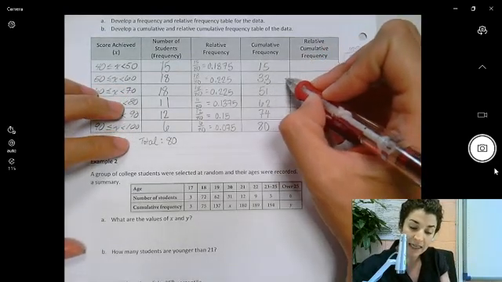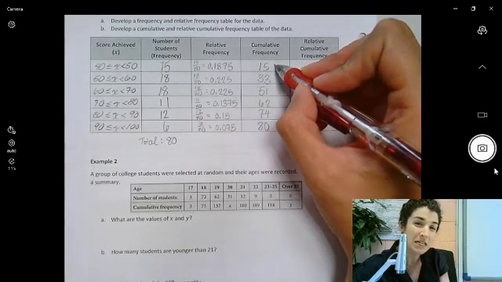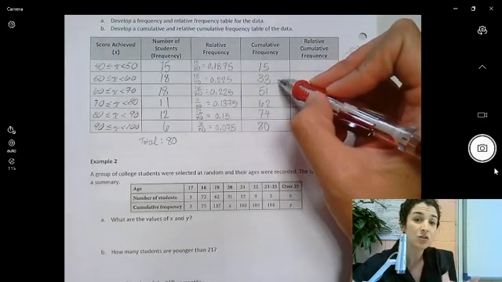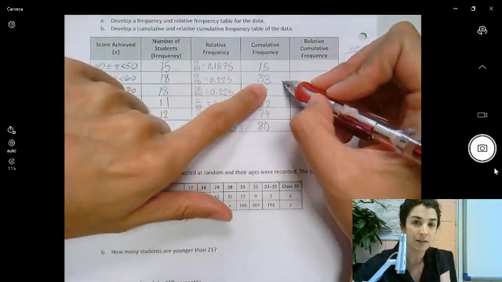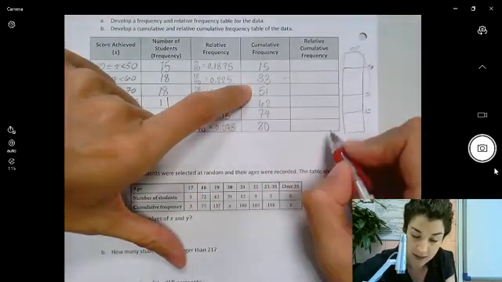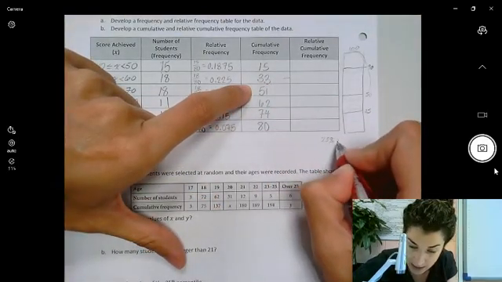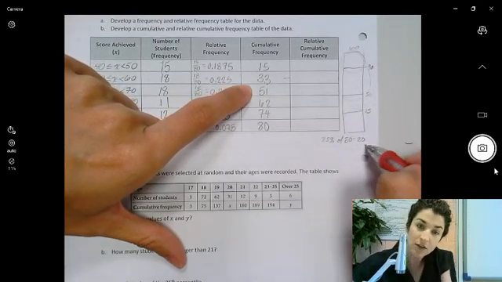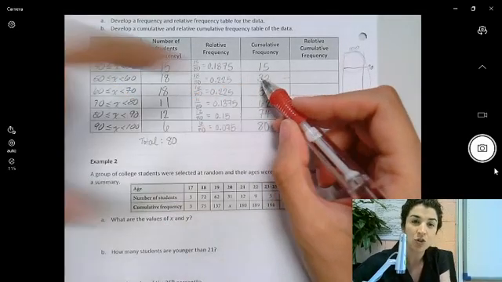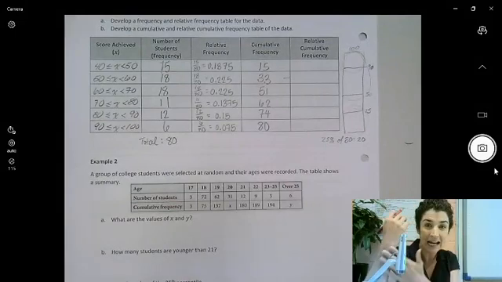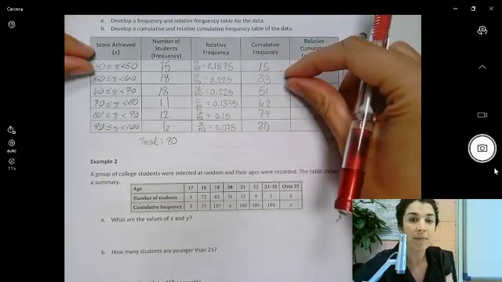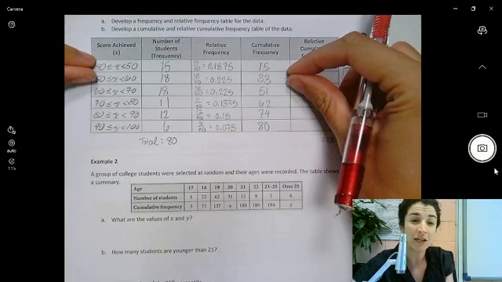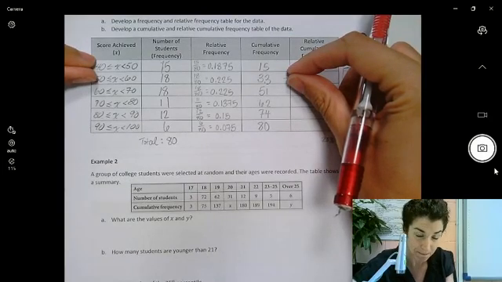So 20 falls at this interval, right? 15 is still too small, but the 20th student happens here. So the 20th student, because 25% of 80 equals 20, is within this range, which means that the 25th percentile of the scores happened at between 50 and 60%.